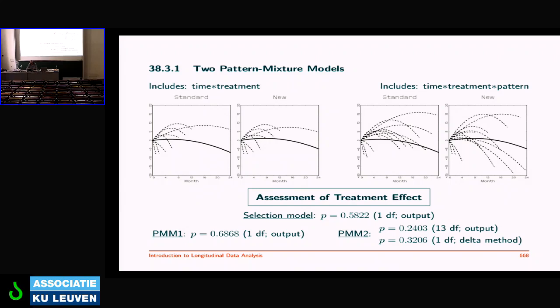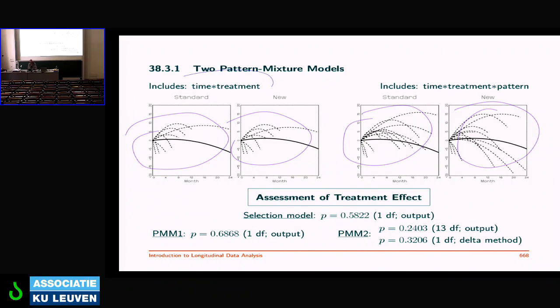Now we fit two pattern mixture models. But without using identifying restrictions or anything like that, what we're doing is we assume, for example, a quadratic trend. You see that here, there, actually everywhere. But you let that trend be different from pattern to pattern.